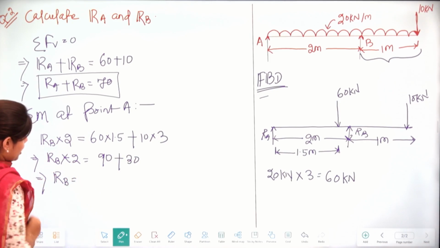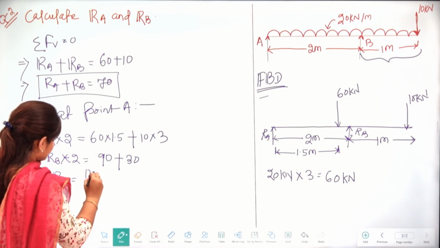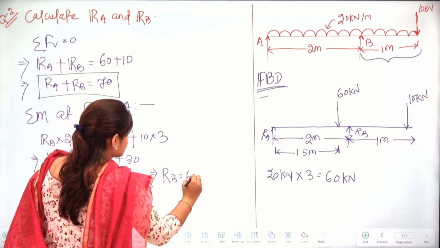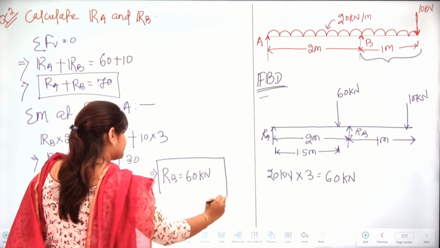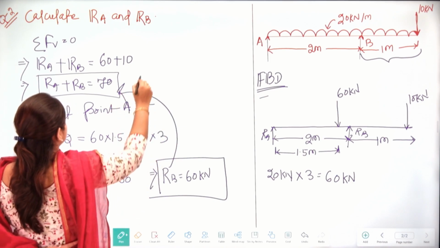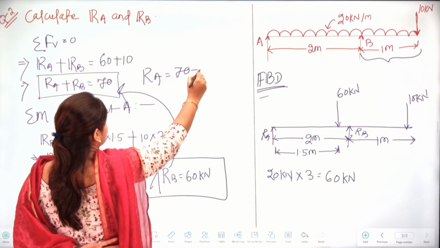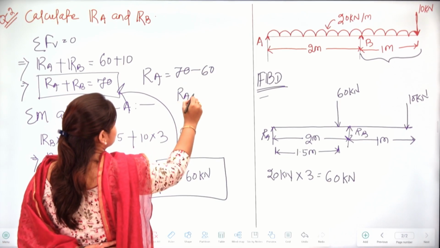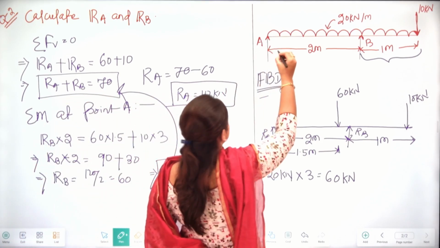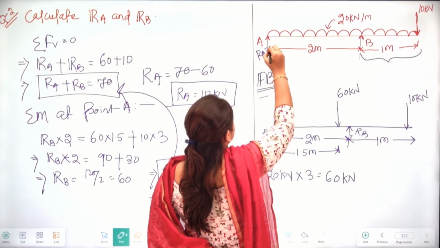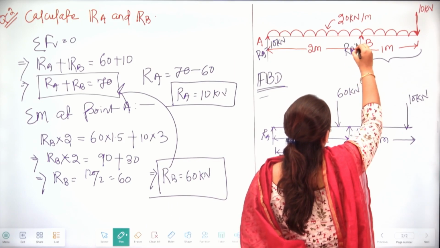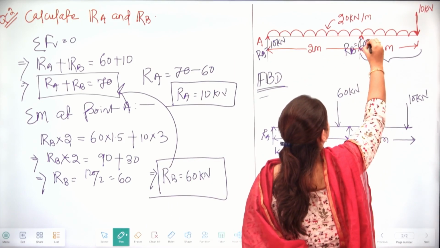So here we have the RB value, 120 by 2, that is 60. Here RB we are getting 60 kilonewton. Okay. If we put this RB value here, we have RA as 70 minus 60, that is 10 kilonewton. So we get the reaction values here: RA as 10 kilonewton and RB as 60 kilonewton.